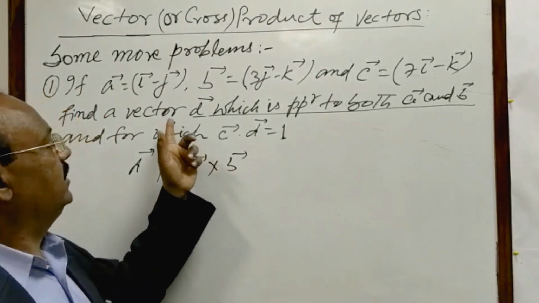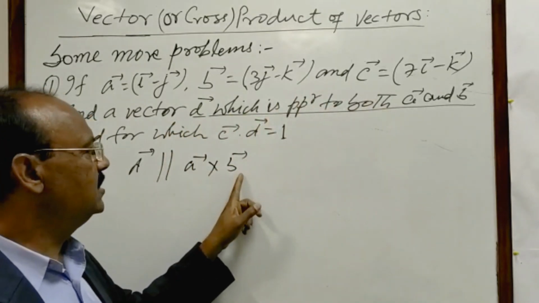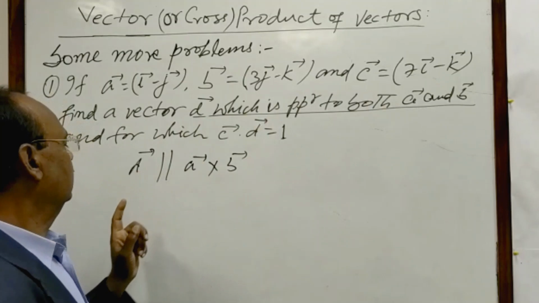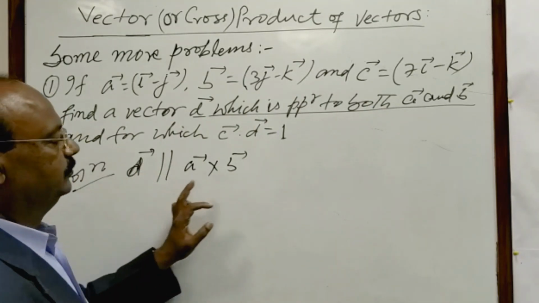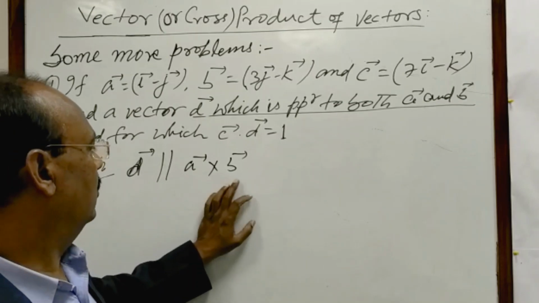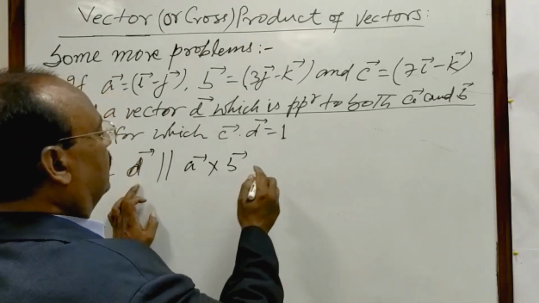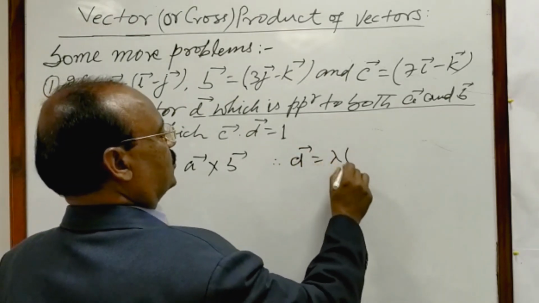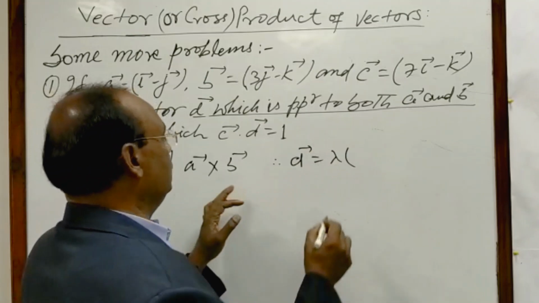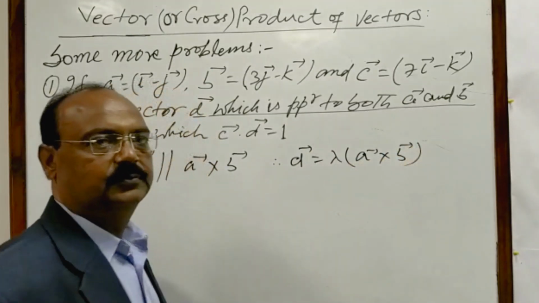And here required vector D should be perpendicular to each of these two. It means this required vector D is parallel to A cross B. And if D is parallel to A cross B, then we can express vector D as some constant times, let us write lambda times of A cross B.